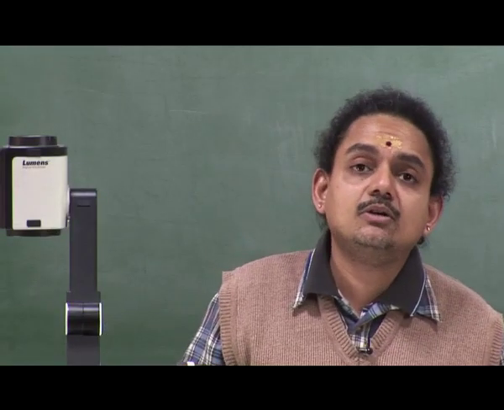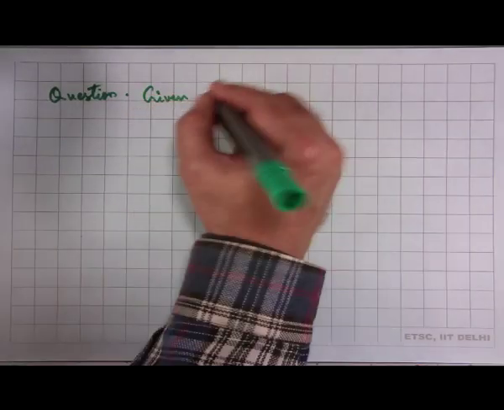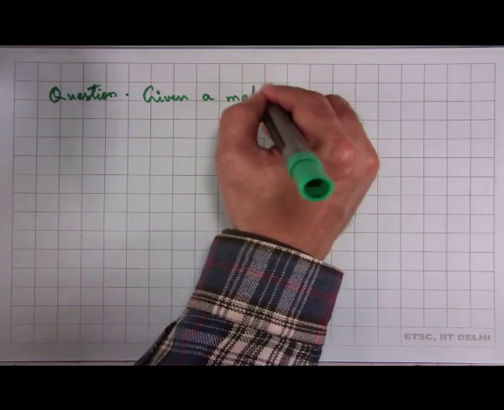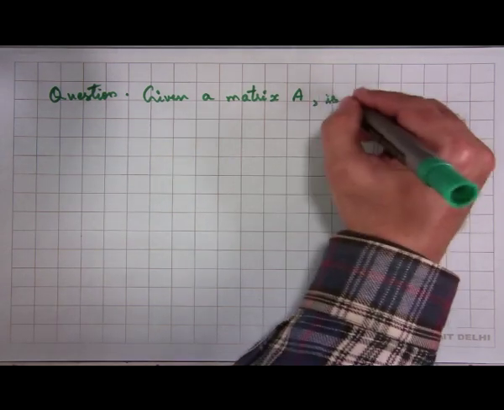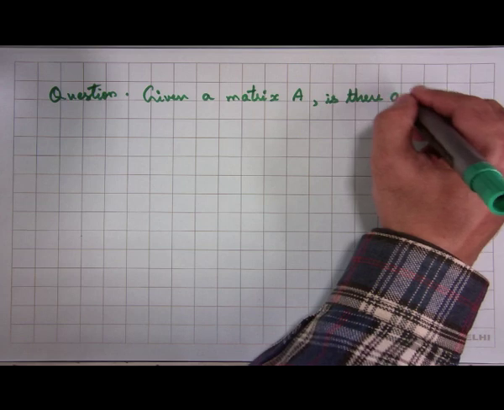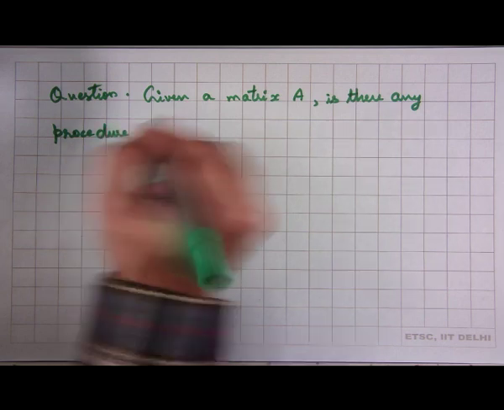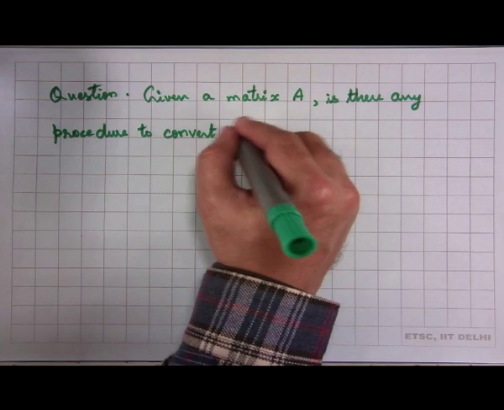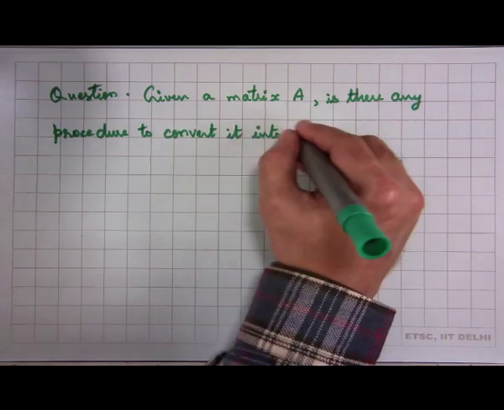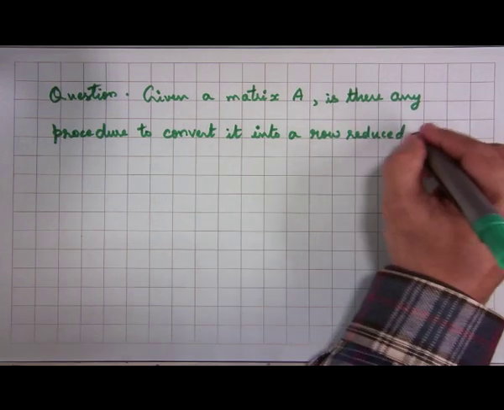Now, the natural question that one would like to ask at this stage is the following: given a matrix A, is there any procedure to convert it into a row reduced echelon matrix?